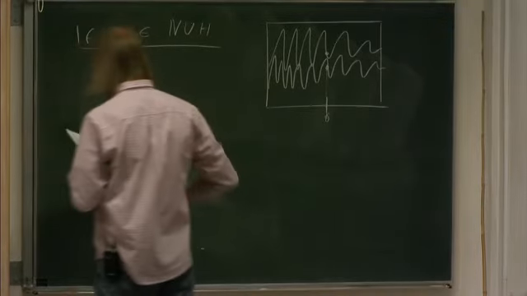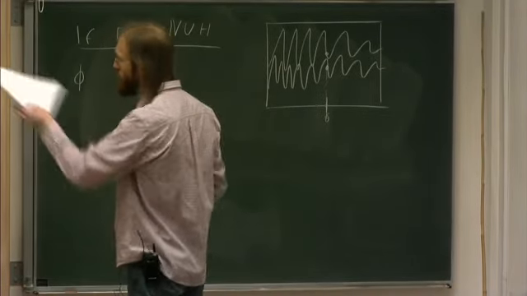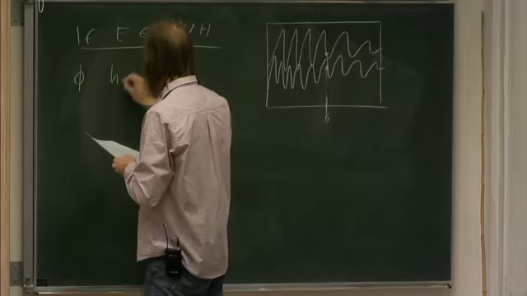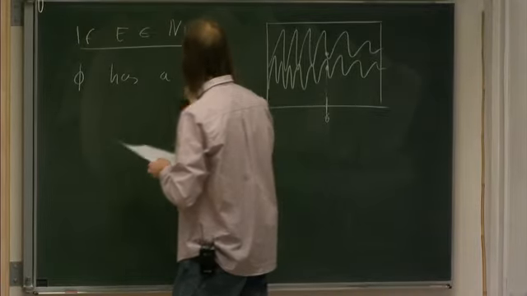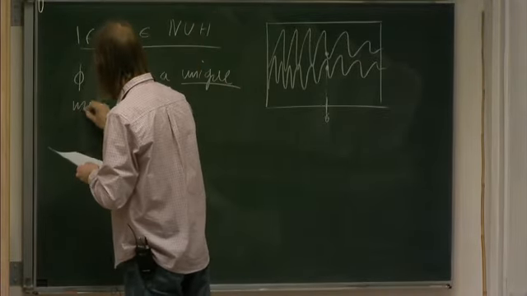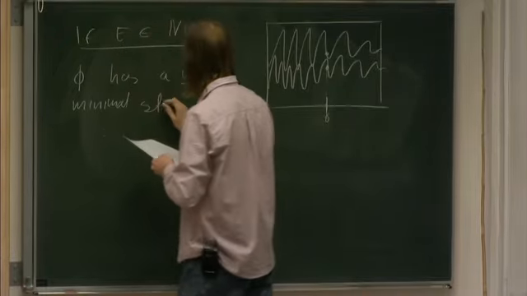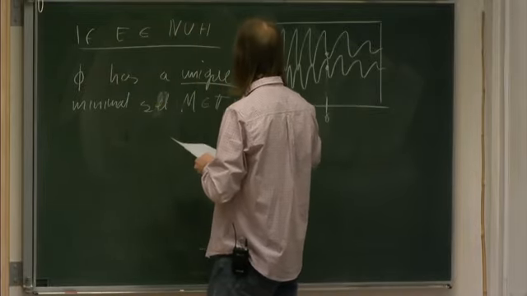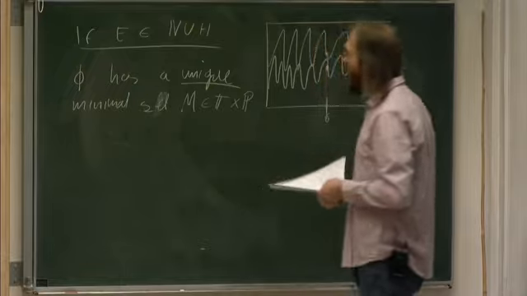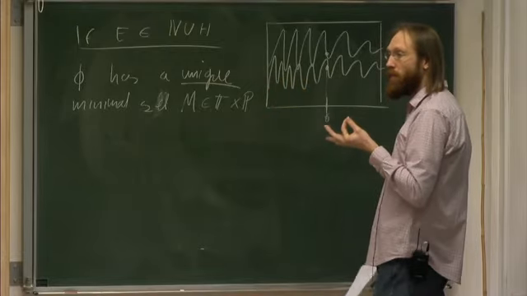And in this case, this map phi, the projective cocycle, has a unique minimal set M in T cross P. And to be minimal means that you have a closed set in which every orbit is dense.